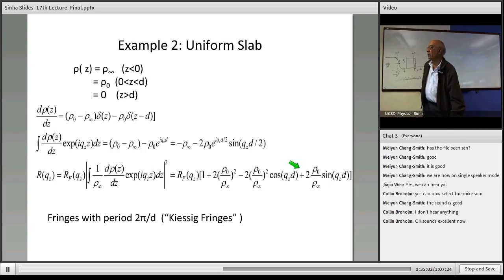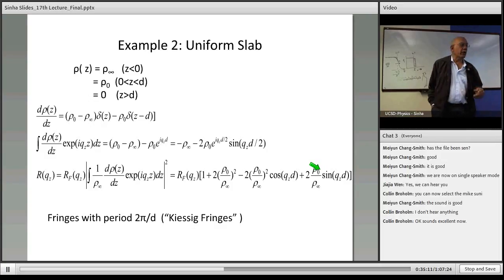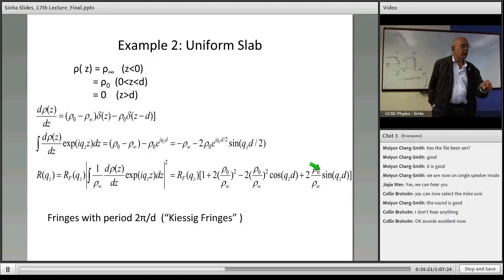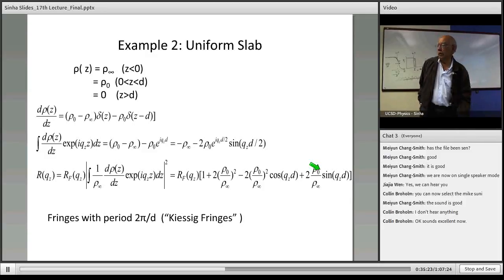Now you notice that these functions, cosine QZD and sine QZD, are periodic functions. They have a period which is 2 pi over d, and so they give you oscillations in the reflectivity which are periodic with a period 2 pi over the thickness of the film.